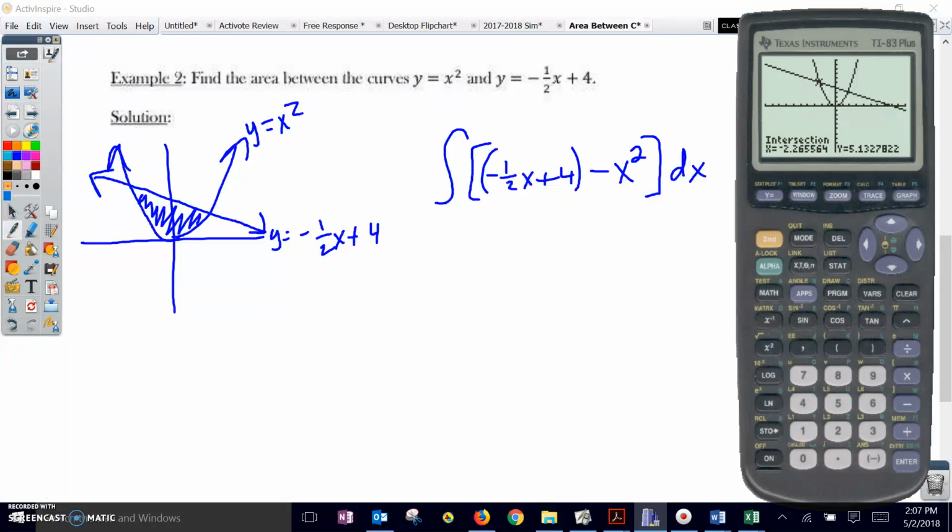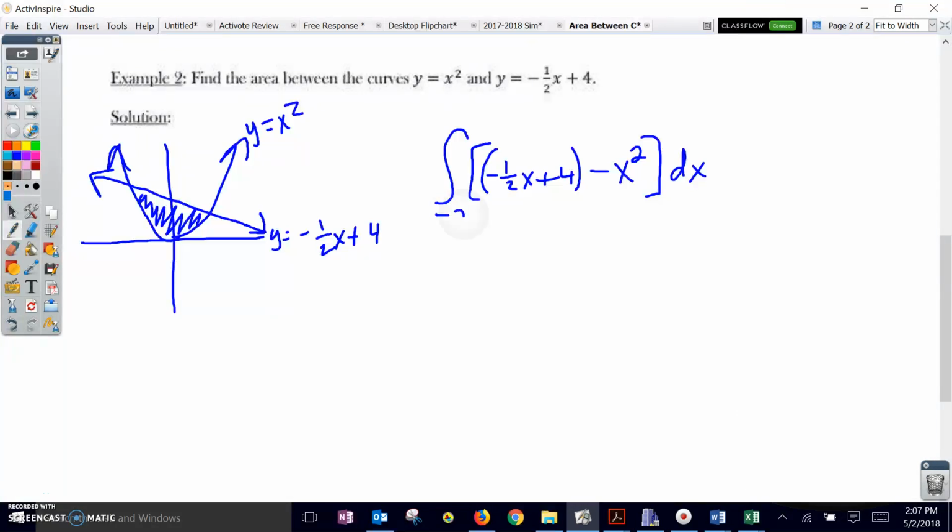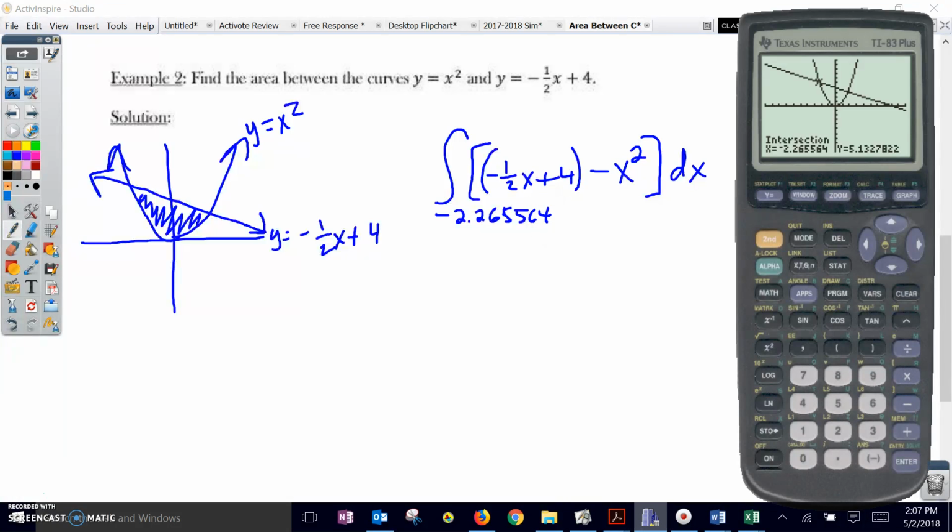And so the x coordinate is negative 2.265564. And when I find intersection points on my calculator, I like to use as much precision as the calculator gives me, just in case, so that it gets us to our correct answer to 3 decimal places, rather than maybe taking fewer decimal places of our limit of integration.